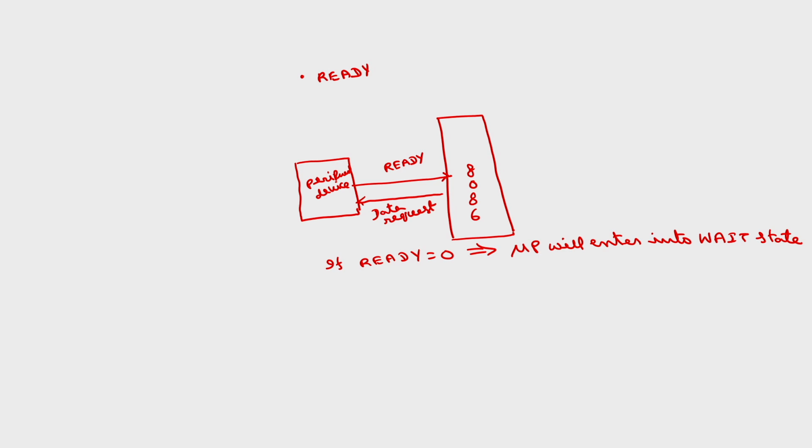Till the data is ready, because the peripheral is slower than the microprocessor, ready is equal to 0, so the microprocessor simply waits in the wait state. If the ready is 1, the microprocessor reads the data from the peripheral through the data bus.